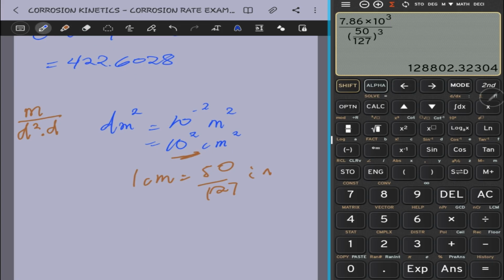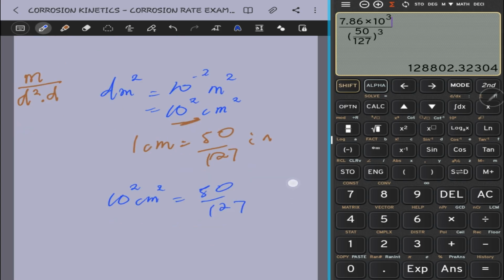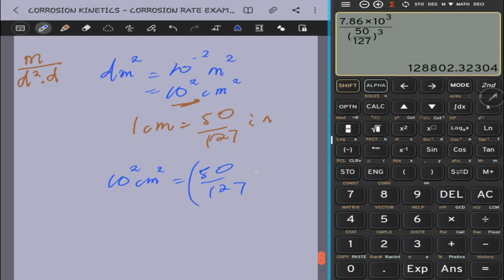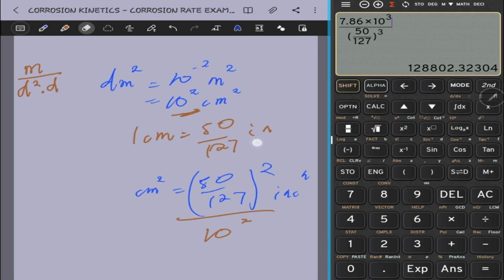So 10 squared cm squared will be the same as 50 on 127 squared, so that's h squared, and then I'll just have to divide through by the 10 squared, right? So by 10 squared, and that'll give us the centimeter in inches directly, right?